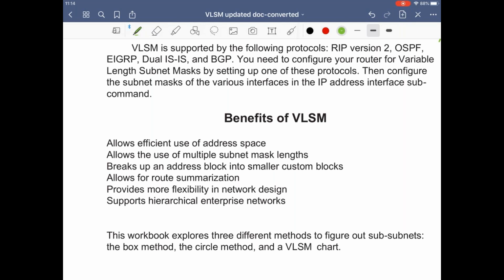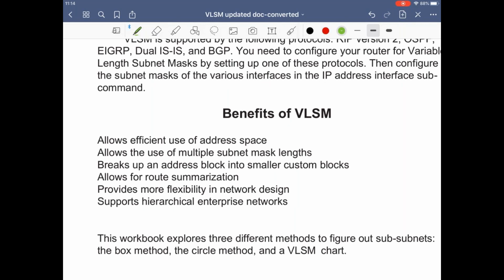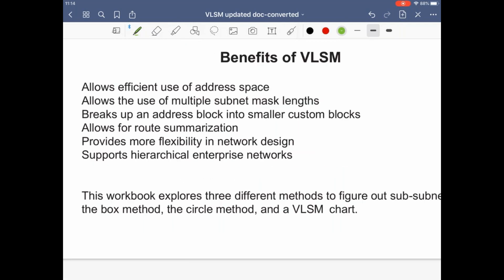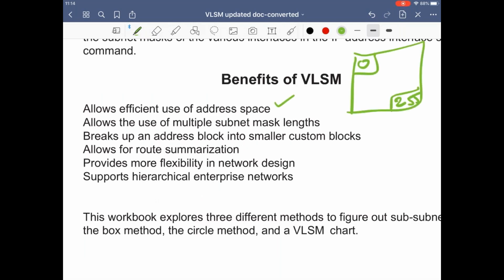So here, the benefits of VLSM: it allows efficient use of address space. Whatever address space you have, from 0 to 255, we can use it efficiently. It allows the use of multiple subnet mask lengths. As I already told you, we may get a different slash value or subnet mask value.